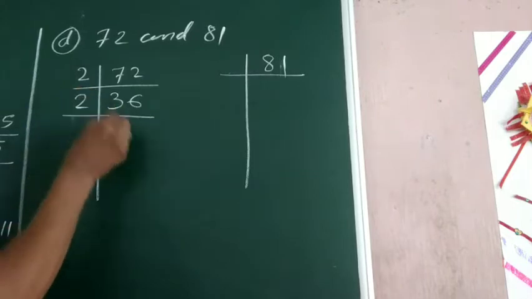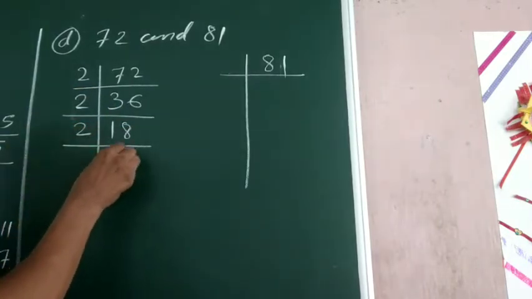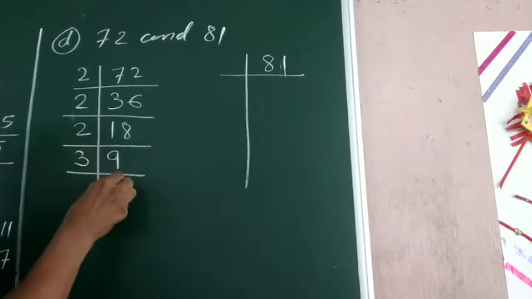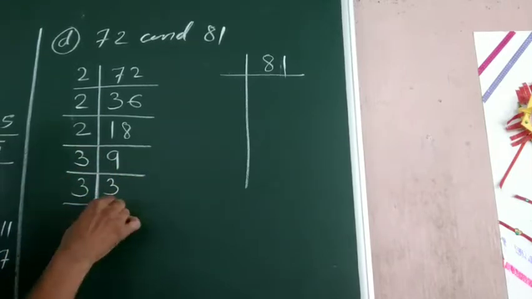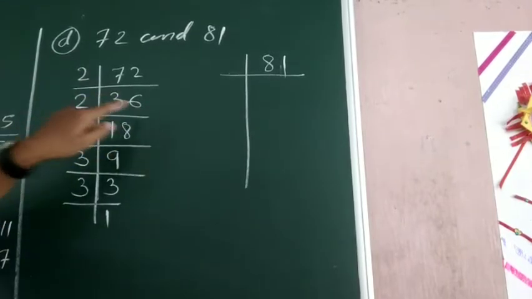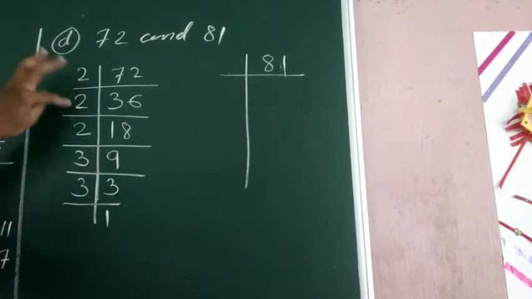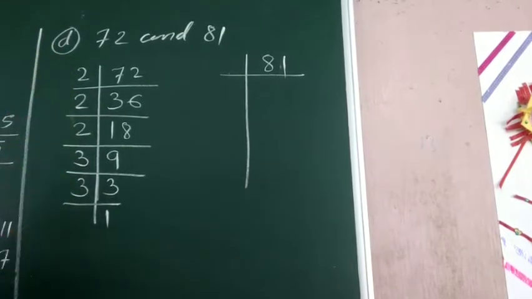Then divide by 2, it will be 18. Then by 2, it is 9. Then 3, 3, it is 1. Okay. So see, 2, 36, 2, 18, 2, 9, 3, 3, 1. So 2, 2, 2, 3, 3 are the prime factors of 72.